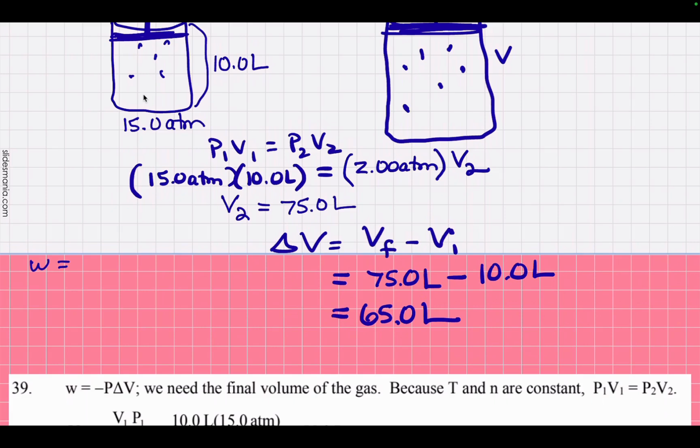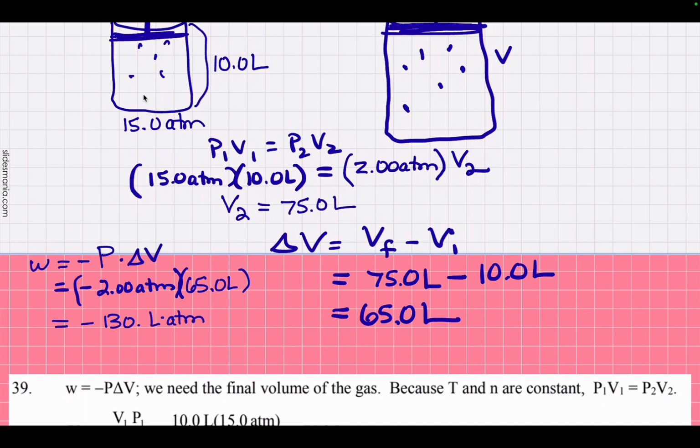Work is equal to the negative of the pressure that's acting against the expansion in this case, times delta V. So the pressure we're going to use is the 2 atmospheres. And then the change in volume that we just calculated, 65. So then when we do this, we get negative 130 liters atmosphere.